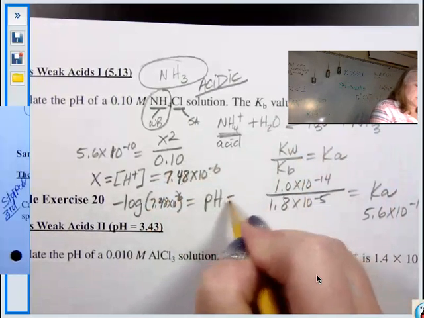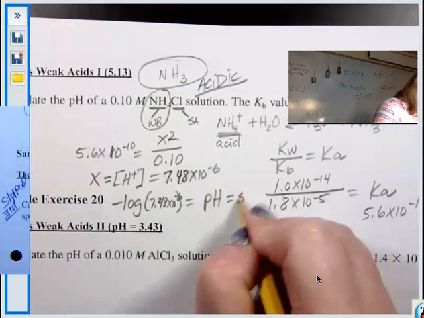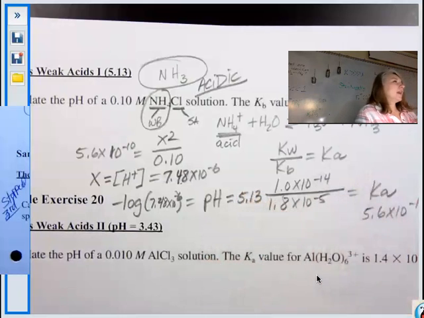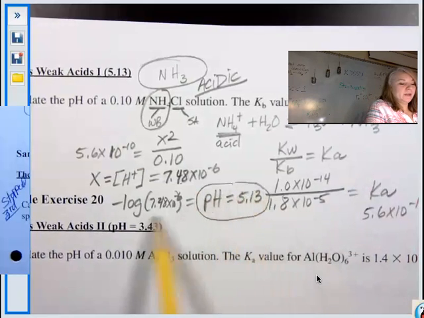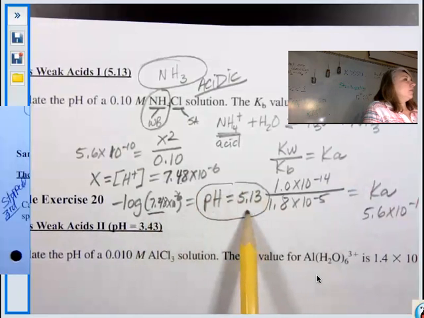And our pH is going to be 5 point, I'm going to just say 5.2. 5.13. Oh, man. Okay. No, I'm just guesstimating. I'm seeing how close I'm coming. Because the bigger your mantissa becomes, the closer you get to 5.00.